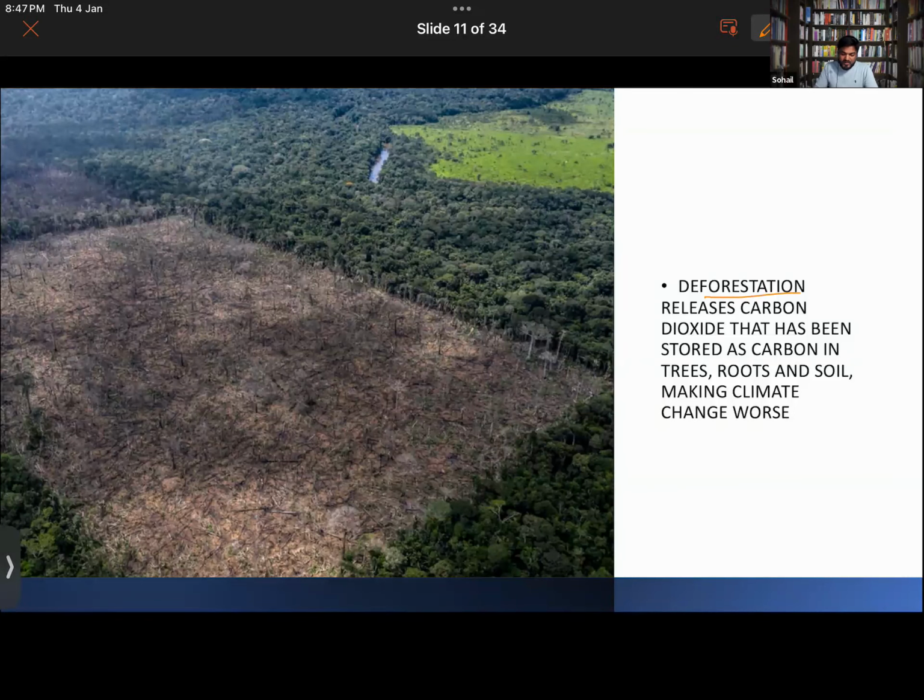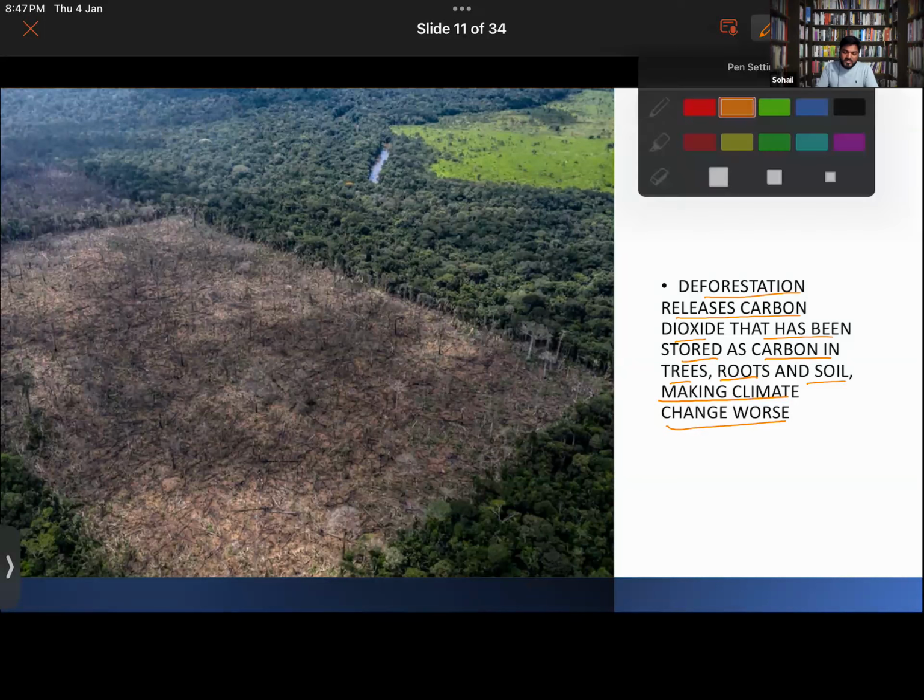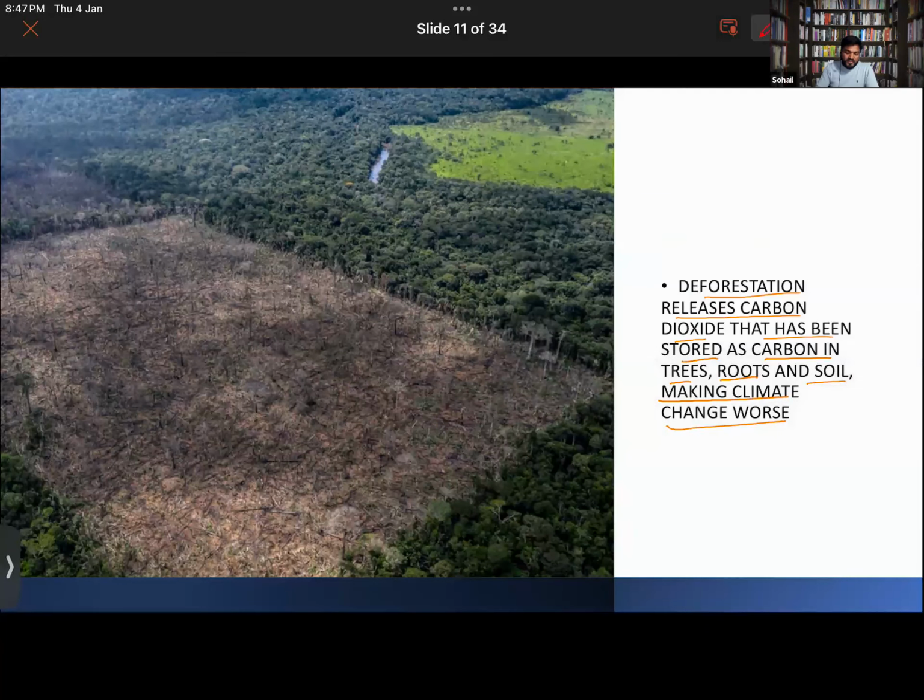Deforestation will be releasing carbon dioxide that has been stored as carbon in trees, roots, and soil, and thereby making climate change worse. Deforestation is simply the act of cutting trees on a larger scale. Earlier, when the plants were present there, they were storing carbon in them.